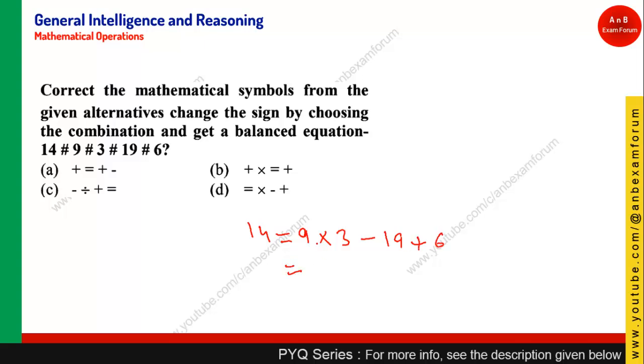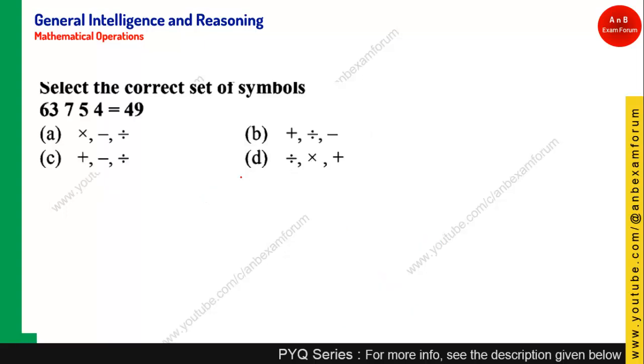Let's check whether it is a balanced equation. Multiplication first, 9 3s are 27 minus 19 plus 6. So what we got is 27 minus 13. It is what? It is 14. Yes, we got it in the first option D itself. So option D is the right answer.